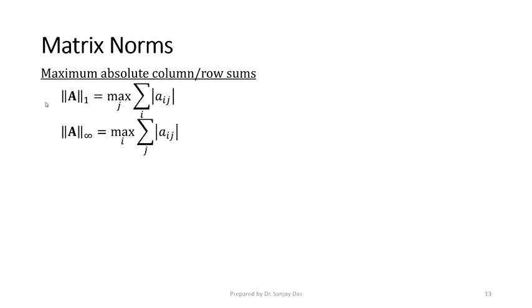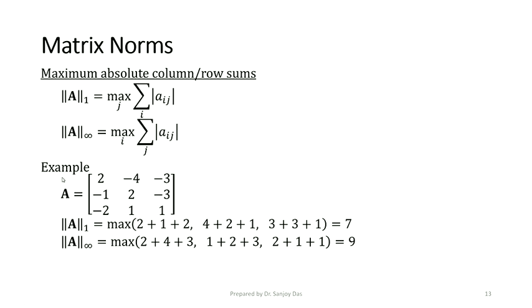Okay, now let's look at what is the L1 norm of a matrix and the L2 norm of a matrix. Okay, sorry, the L1 norm and the L infinity norm of the matrices. Not L2, excuse me. This example will make it clear. So the L1 norm of, this is the matrix. The L1 norm is we take the summation of, j is fixed. We sum over i, the rows.